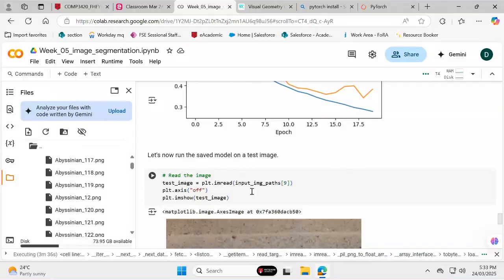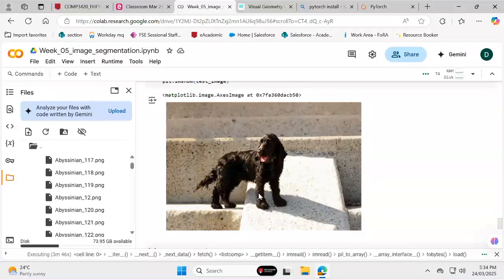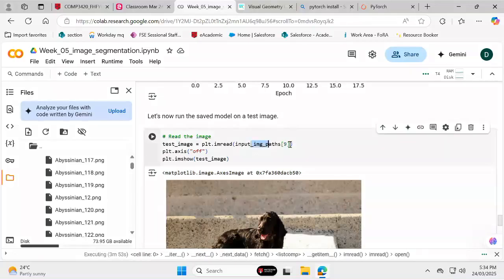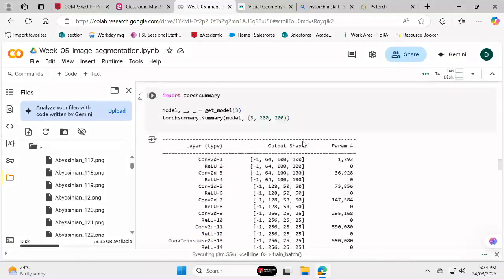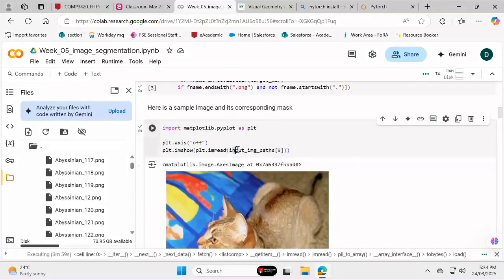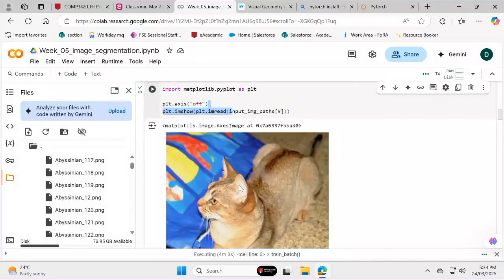So let's read the image. Let's get the number 9 from the data, which is this one here. If you notice, this is the number 9 from the same variable, but it's a different image.